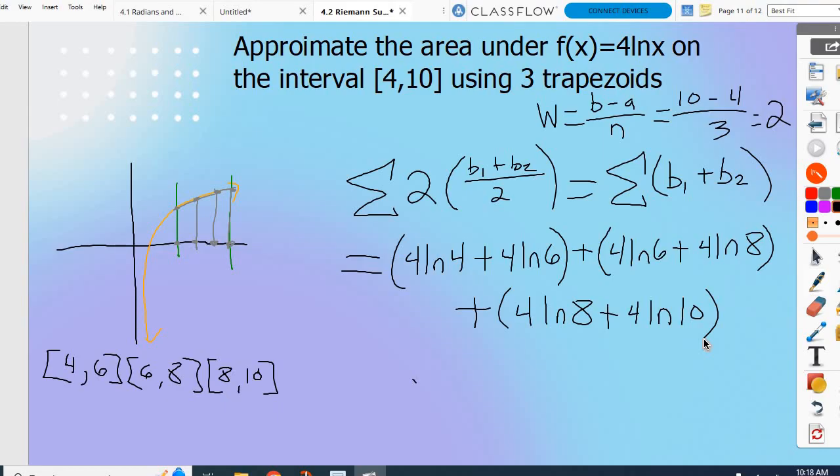If you're looking online sometimes, you'll see people go ahead and double the middle ones, right? So you would see them write it out as 2 times 4 natural log of 6 plus 2 times 4 natural log of 8, because since those are the intermediate ones, there's going to be 2 of those.